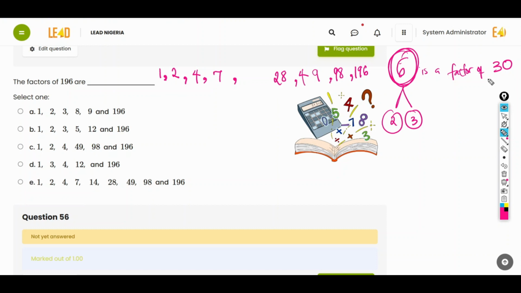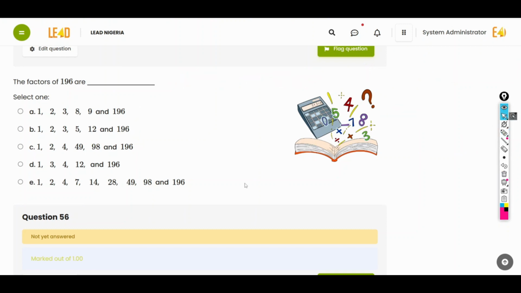So if I monitor this from this 28, intuitively you should know that 14 is also going to be a factor. And 14 is not exactly a factor pair because 14 squared is 196. Okay, but just by listing out the factors, I think, before we even got halfway, we probably could have eliminated all of the options and settled for E. So the correct option is option E.